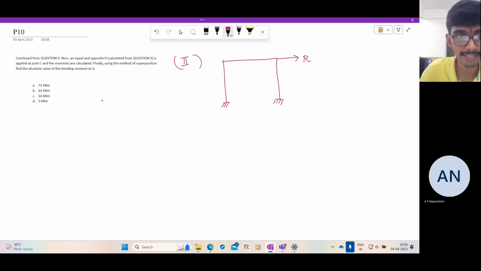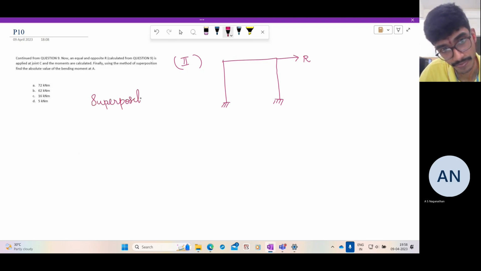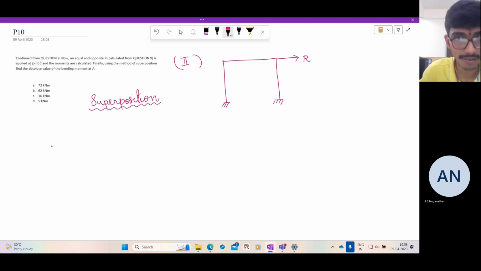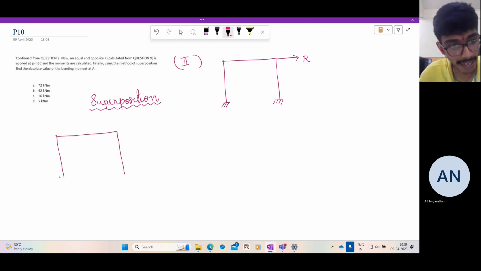So the trick in linear elasticity is to use superposition. Suppose you take this frame and apply a sidesway of delta.